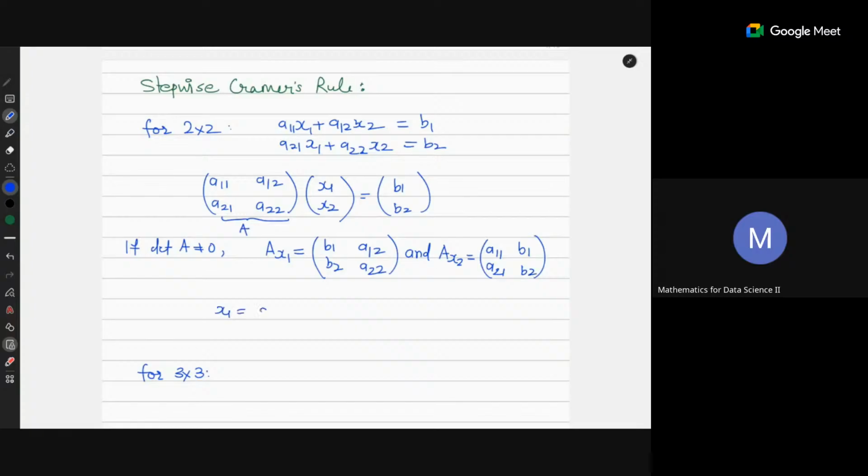Then x1 is equal to the determinant of AX1 divided by the determinant of A, and x2 is equal to the determinant of AX2 divided by the determinant of A.